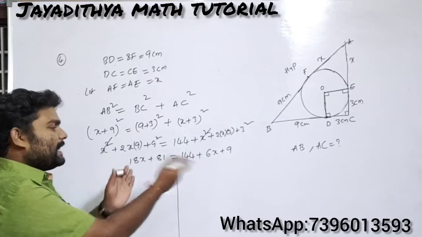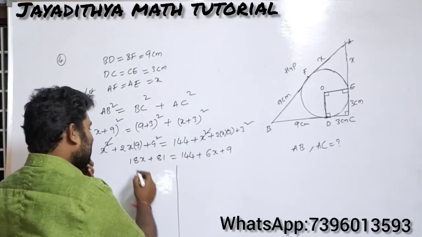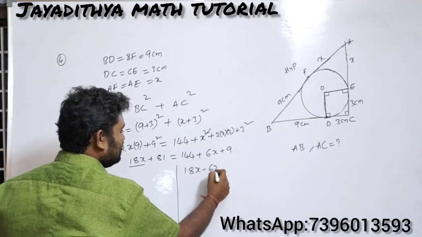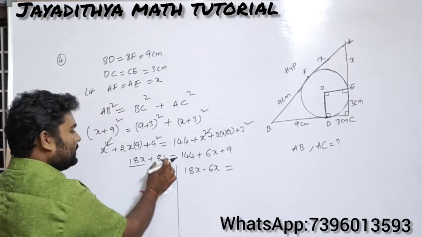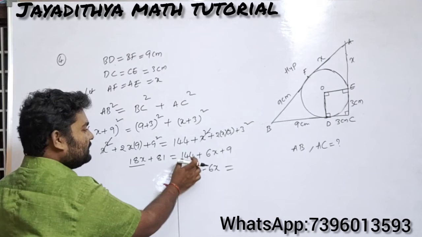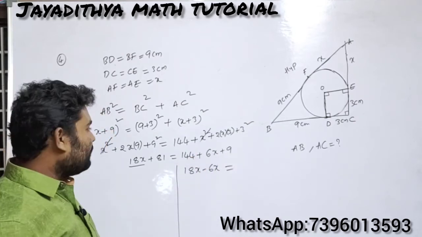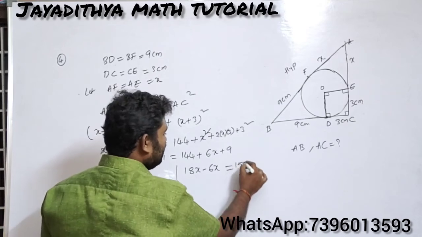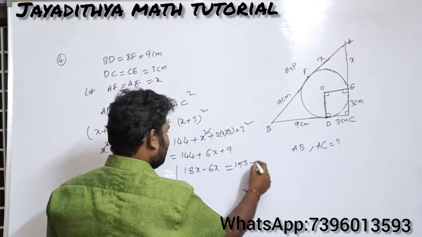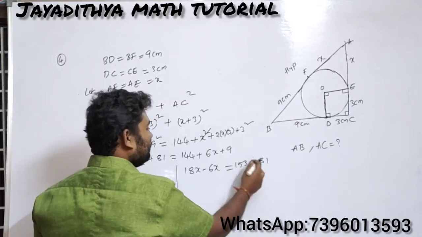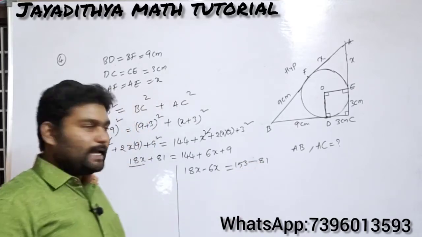You need to take X on one side and all the constants to the other side. So 18X and 6X I have here. So I will be writing 18X minus 6X, which is equal to, I am taking 81 to the other side. Meanwhile, this will be 144 plus 9. 144 plus 9 is how much? 153. So this will be 153 minus 81, because plus 81 when it comes here will be minus 81.